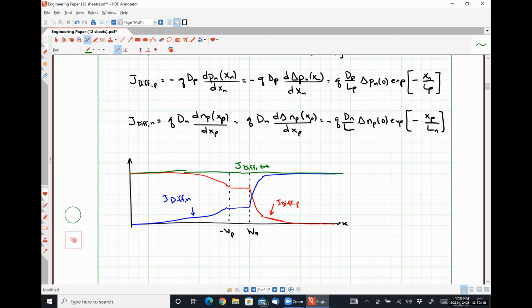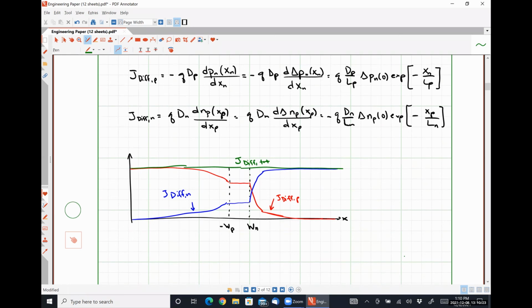Okay. So we know how things are behaving once they move across the space charge layer. Now let's tie everything together and talk about this portion of the majority carrier diffusion. All right.